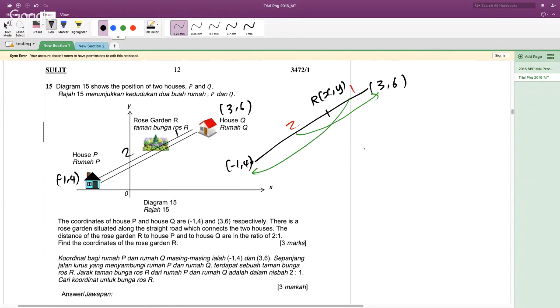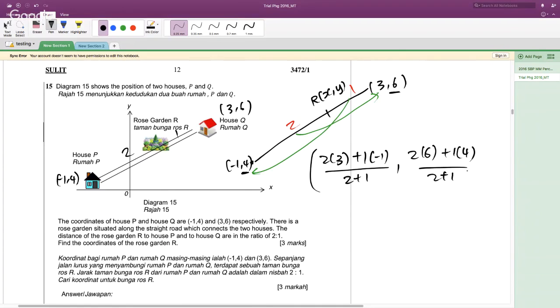I will just say 2 multiply 3 plus 1 multiply negative 1 over total ratio 2 plus 1. This is X. Then I do the same thing for Y. So 2 multiply with 6, and 1 will multiply with the Y here, so plus 1 multiply with 4 over 2 plus 1 should equal to XY, which is the coordinate R. So I just solve this one.